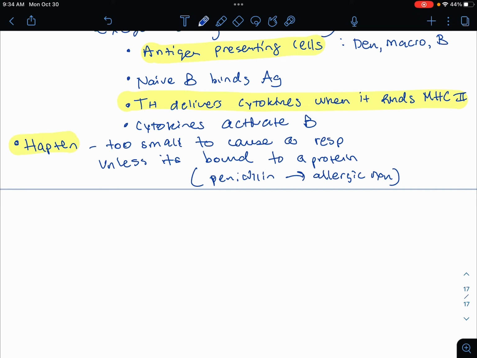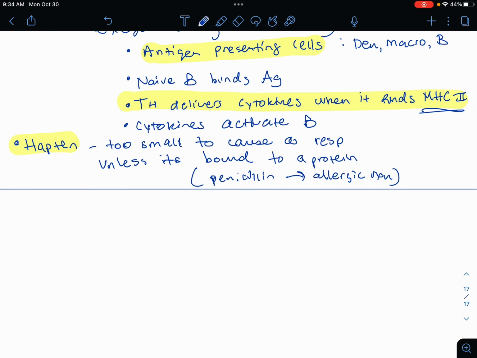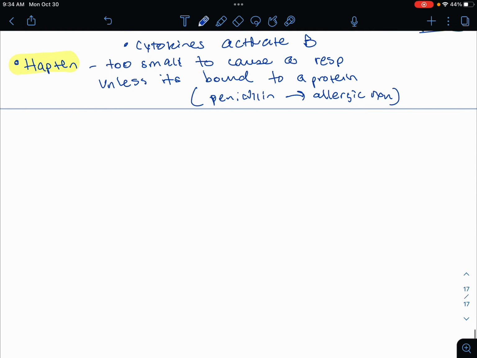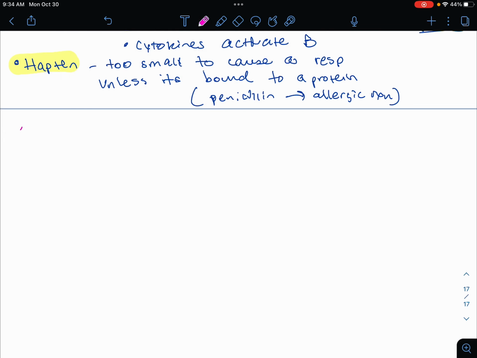T cells will recognize these peptides, these protein fragments, on the MHC class 2 and release cytokines to activate macrophages with increased power. We also have this third category of the lymphocytes, the natural killer cells, which we haven't talked about much.